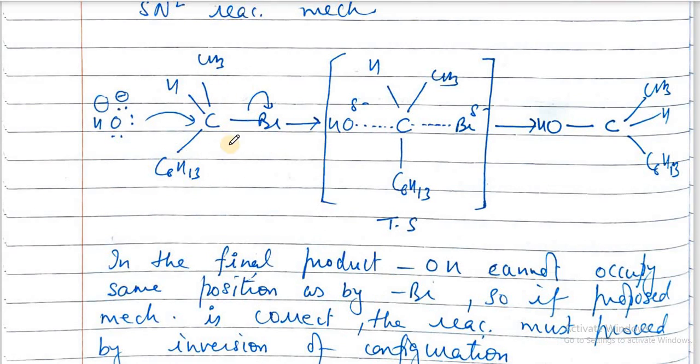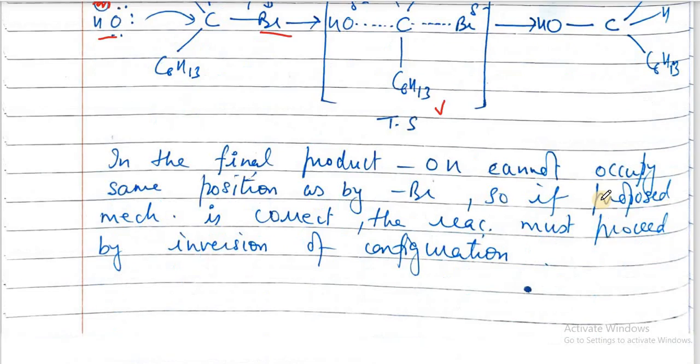We have taken bromo-octane, and OH negative then attacks from the side opposite to the side from where halogen is attached, and this attacks from the left side. Then we get this transition state, and then we get this product, which is the inverted product, in which there should be one negative charge only, in which OH is present on the left side and Br was present on the right side. So we get the inverted product.